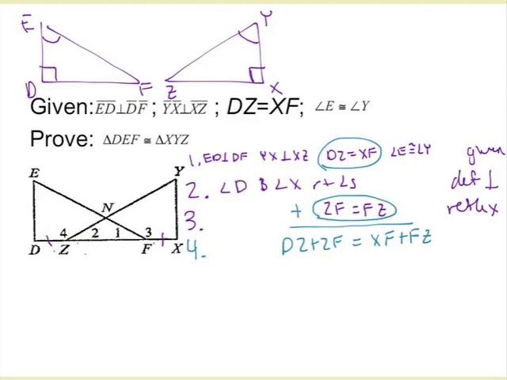Is that addition or is it segment addition? Addition. It's just our addition property. Because I didn't need a picture to do that, I'm just adding two equations together, kind of like in algebra, adding 2 to both sides of an equation, or adding 4 to both sides of an equation. I'm adding ZF to both sides of an equation.